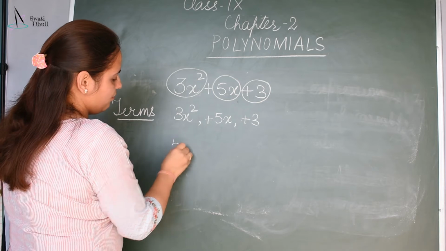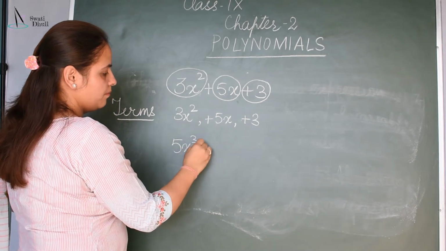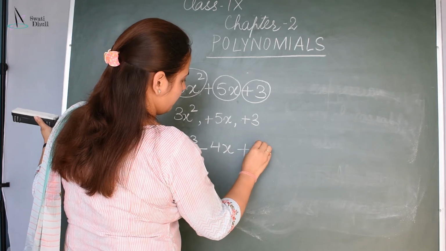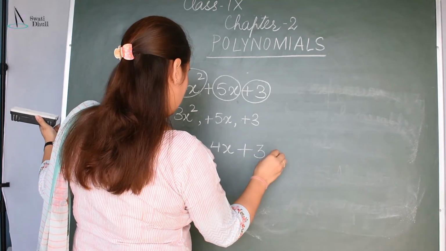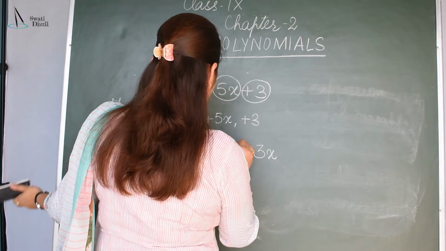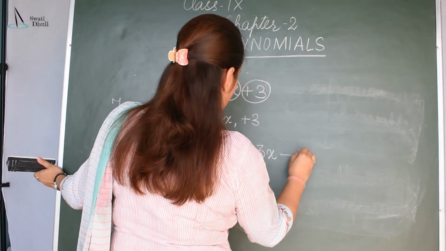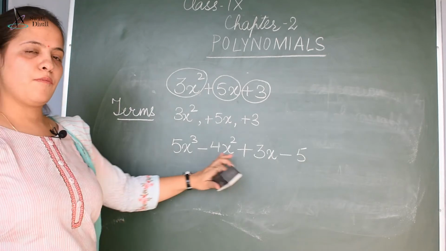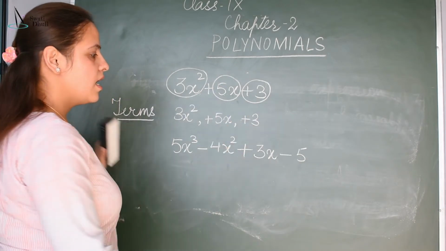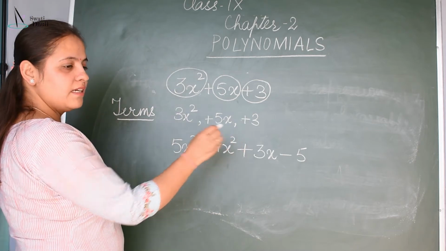If I say 5x cube minus 4x square plus 3x minus 5, again it is a polynomial because it has the power as a whole number and the terms are separated by plus and minus signs.